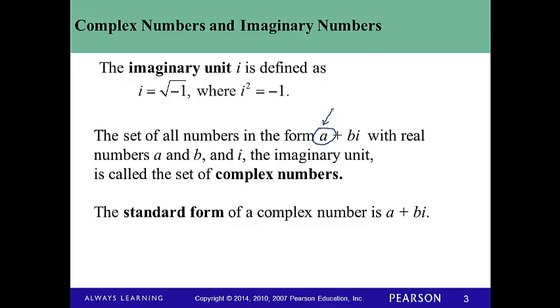A represents the real part, and the bi represents the imaginary part. When you combine them together, you make a complex number. The standard form of a complex number is written as a plus bi. You must separate the parts.